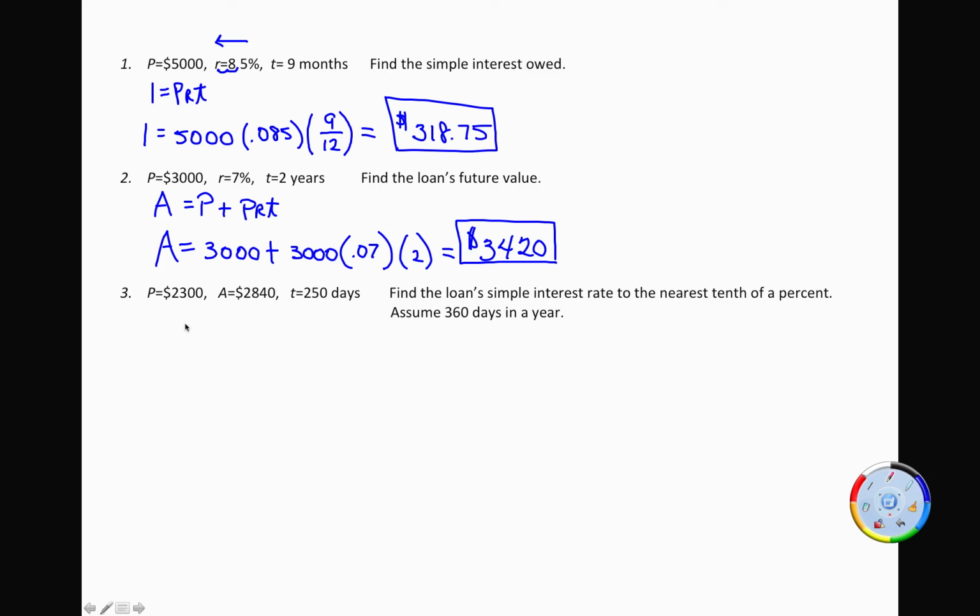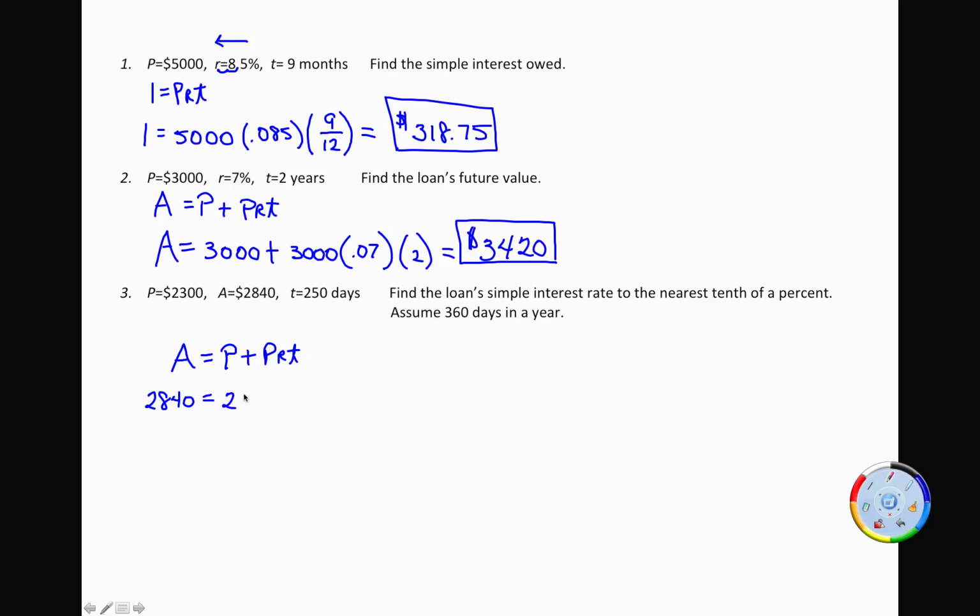Okay, so this time I want to find the loan's simple interest rate. Here's my formula for the future value. The only difference is what I'm going to fill in. This time I know the A, which is 2,840.